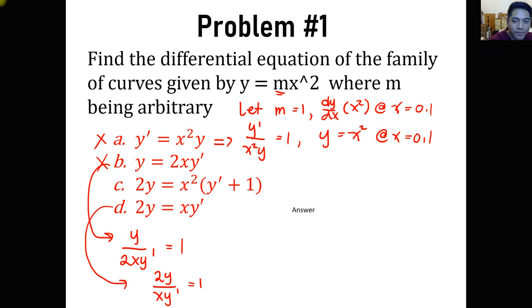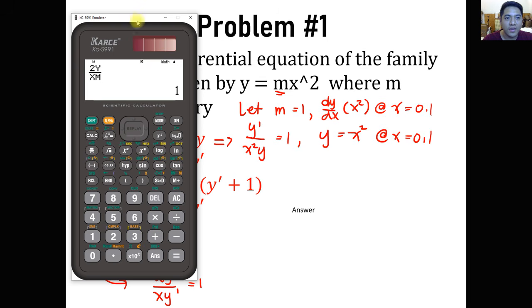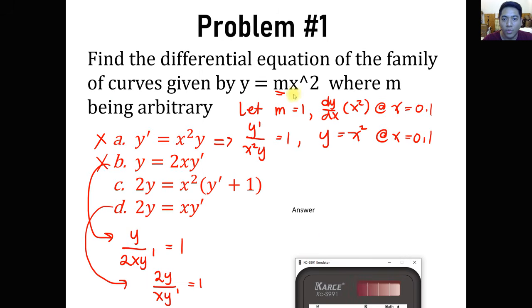Alright, so a little recap of what we did a while ago. First, we let the constant equal to 1, whatever the constant in the equation should be. Number 2, since we have x squared here for our independent variable, we calculated x squared at x equals 0.1 and stored that into y.